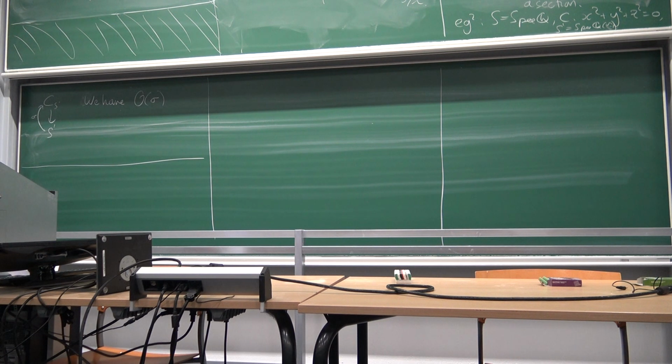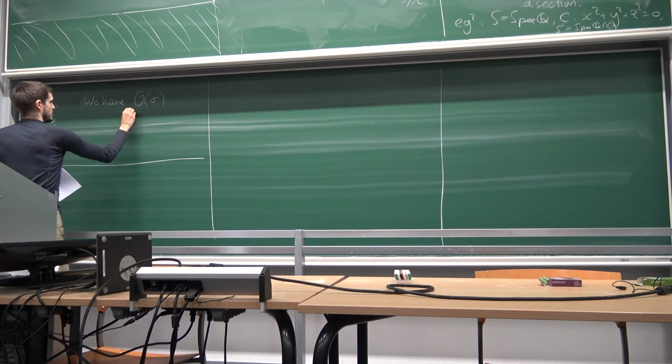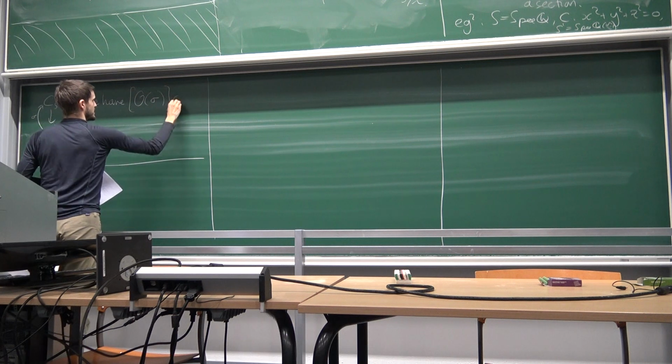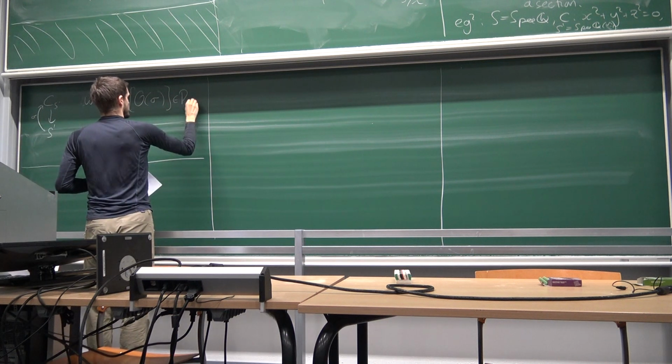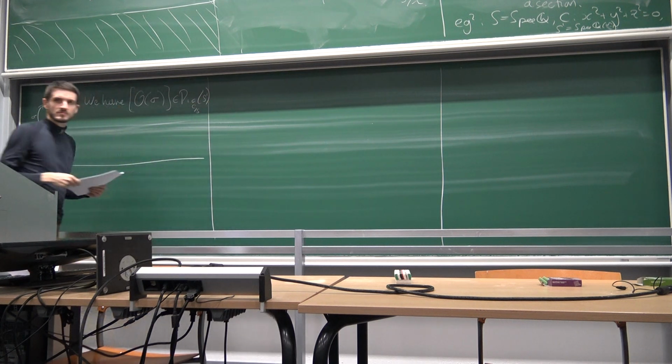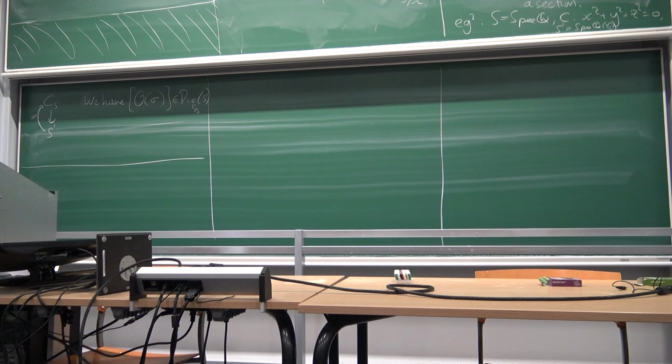And the silly thing is that the class of this thing is a point in Pic of C over S of S prime. But the silly thing is that it's a Galois invariant point.